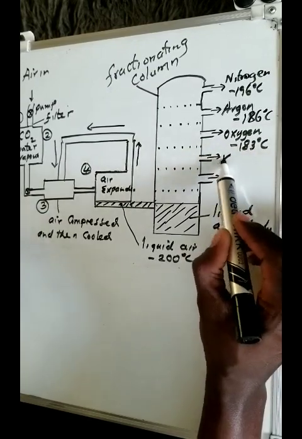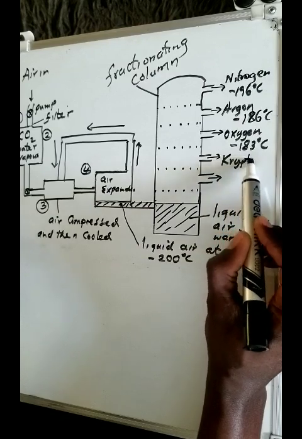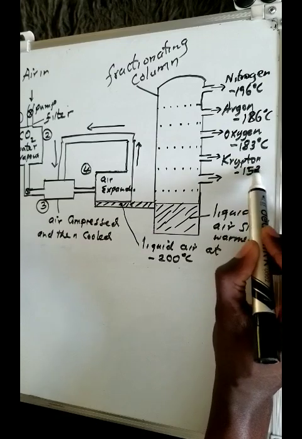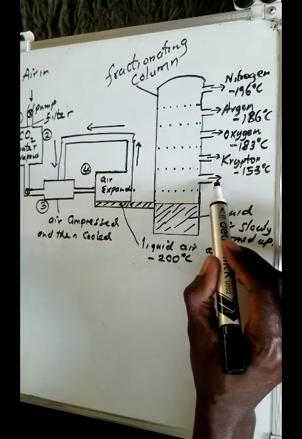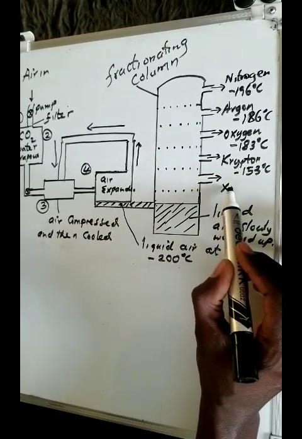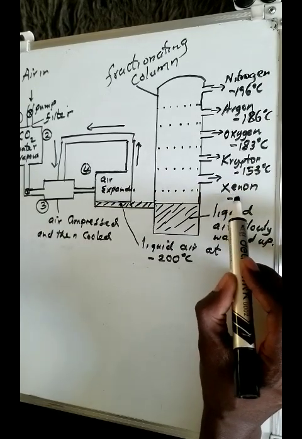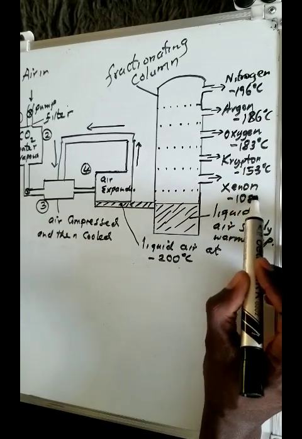From there you may have gases like krypton. Krypton has a boiling point of -153 degrees Celsius, and the last to be collected is xenon. Xenon has a boiling point of -108 degrees Celsius.